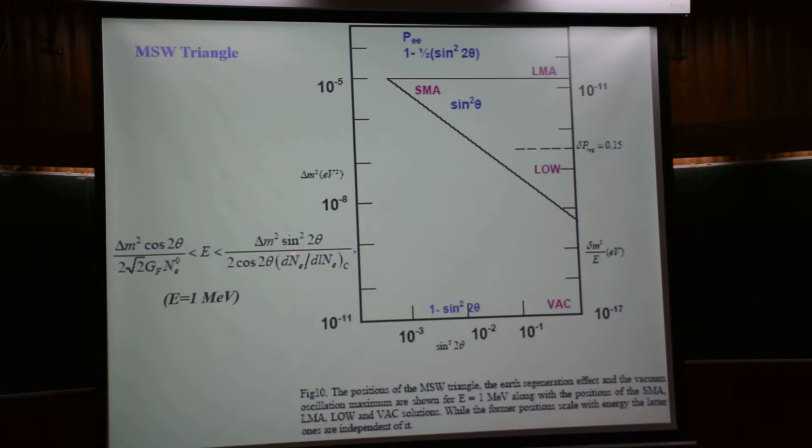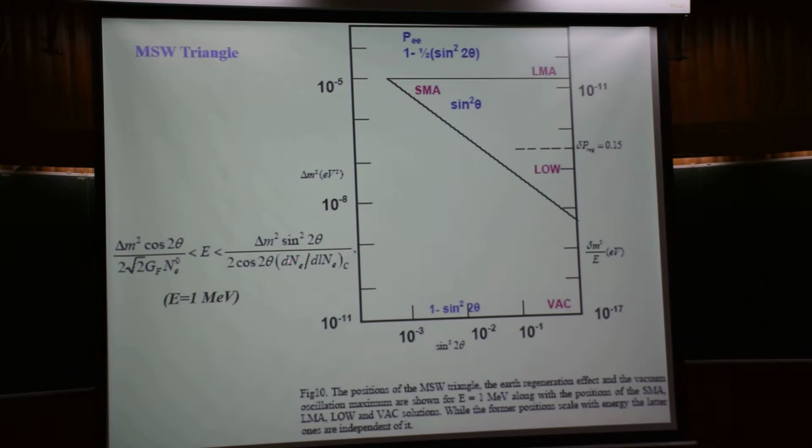But there is a lower limit of sin square 2 theta, which is 10 to the power minus 3. You see from here. Why? Because of the density gradient here, which you again take from the standard solar model of Bahcall, that gives you the density gradient, and it tells you it will be consistent.